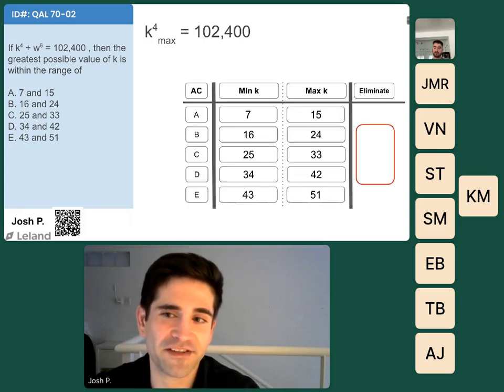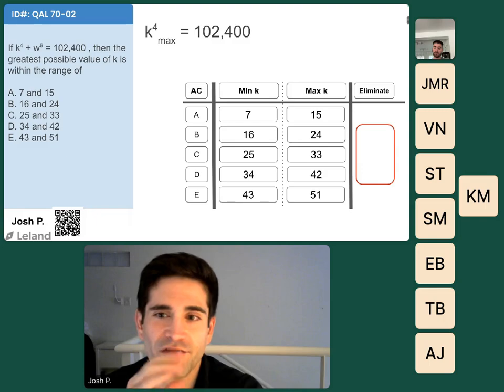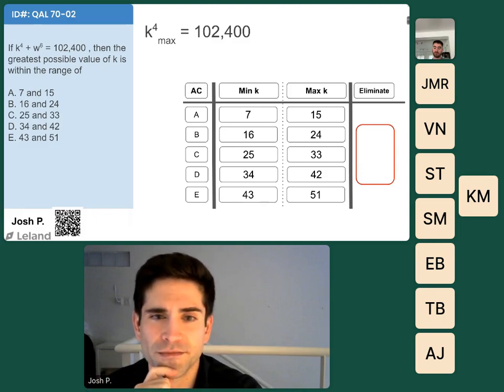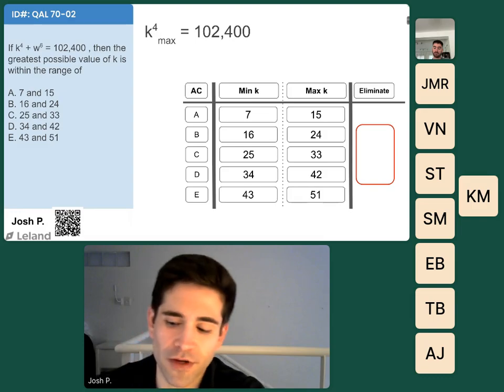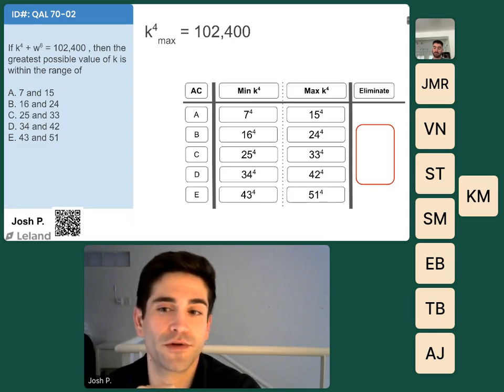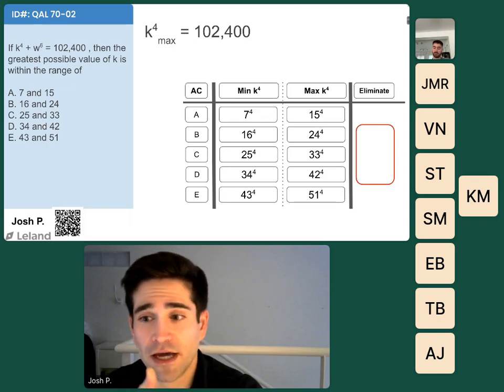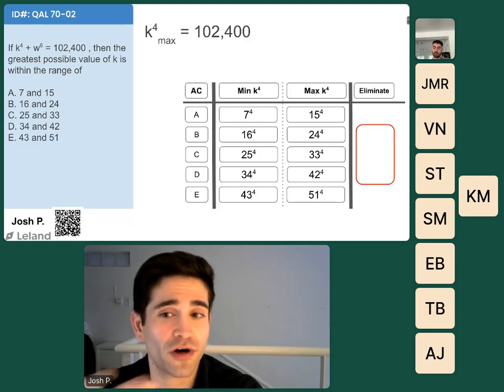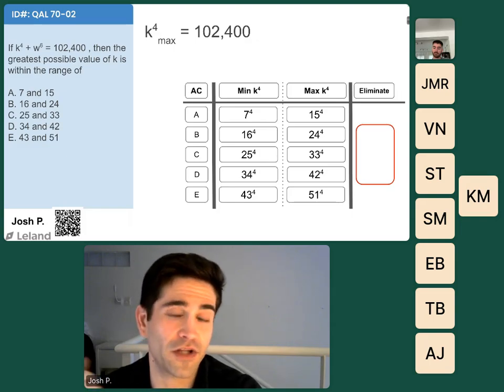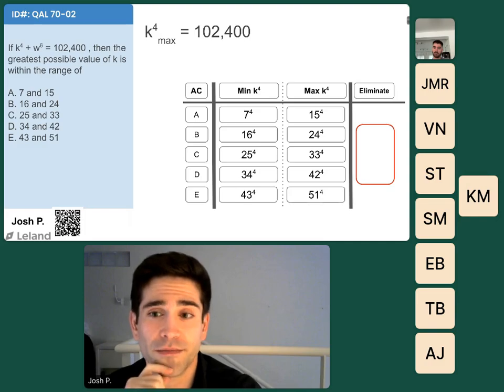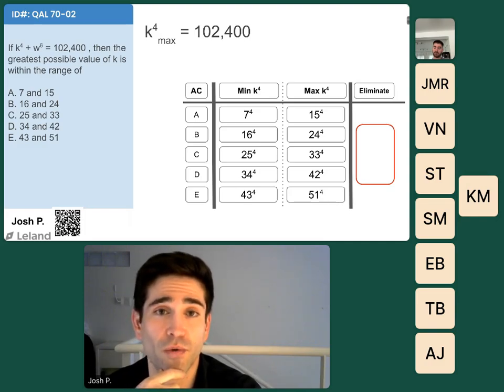And what we have essentially is this table of min k and max k, depending on the answer choices. Now, if we were to elevate this to the fourth power, we would have these values right here. Now, these values that we see on the table are also difficult to calculate without a calculator, and especially in under 2 minutes, which is the time constraint for the QR section.